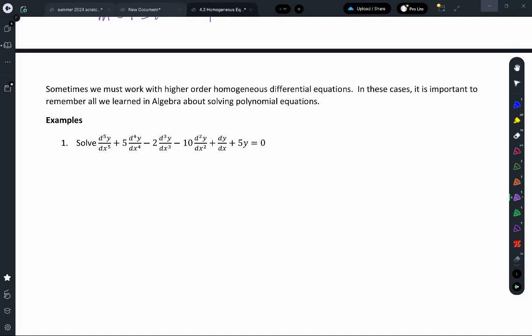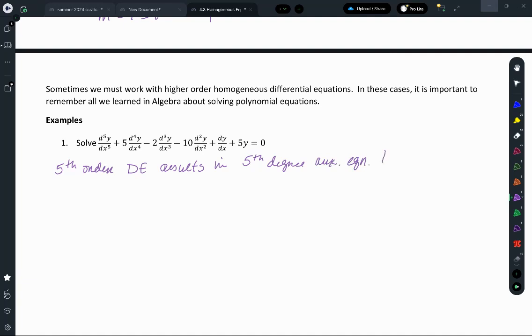So this is a fifth order differential equation, which is going to result in a fifth degree auxiliary equation.